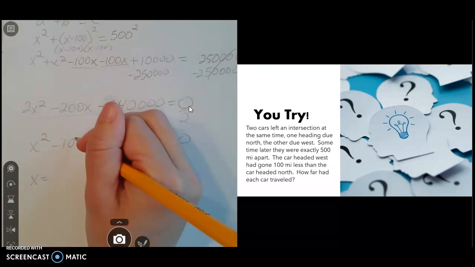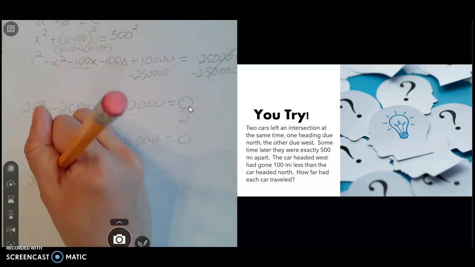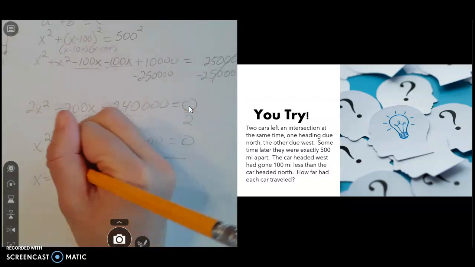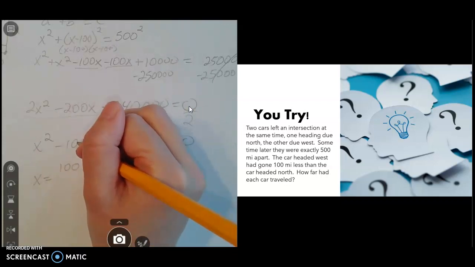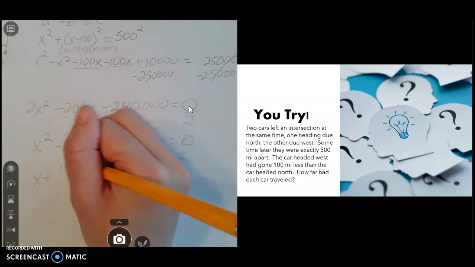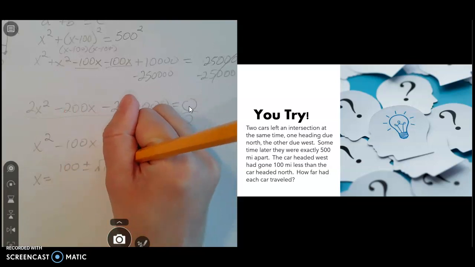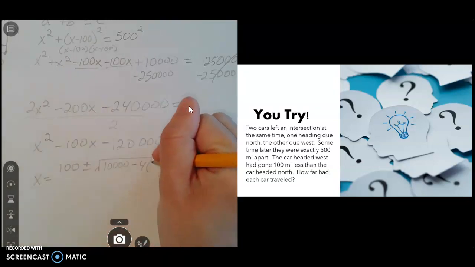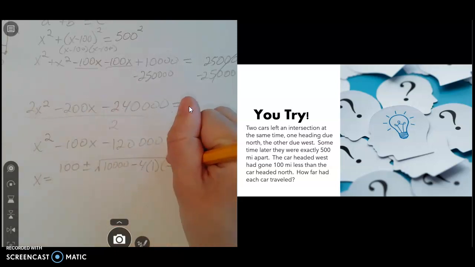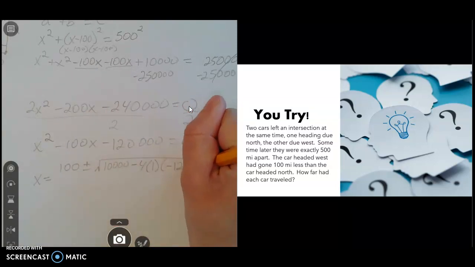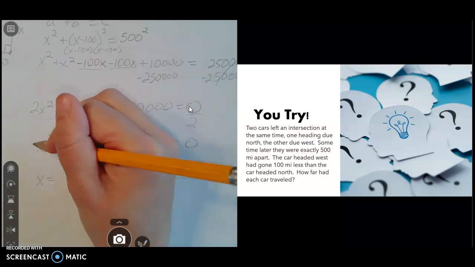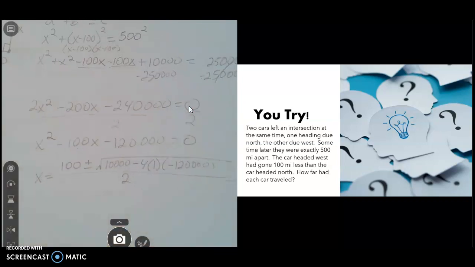The opposite of b would be the opposite of negative 100, which is positive 100, plus or minus the square root of negative 100 squared, which is 10,000, minus 4 times a, which is 1, times c, which is my negative 120,000. It's all over 2a, so 2 times 1 is 2.